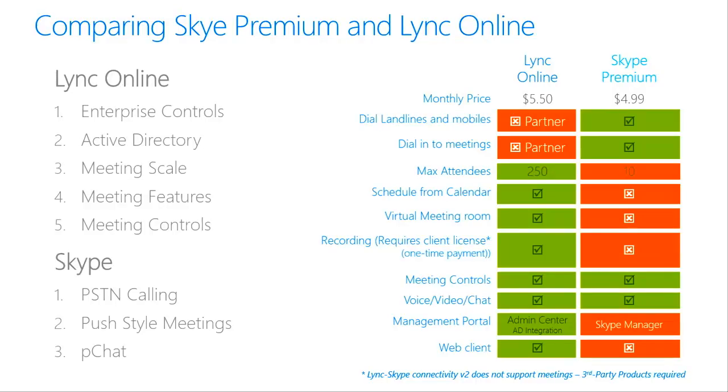Unfortunately, it has no Active Directory integration. It has no ability to set calling policies for the people within your organization. So it falls short of what most enterprises would expect from that kind of service. So effectively, less control with Skype and less policy setting and no Active Directory integration. I hope that clarifies the situation.